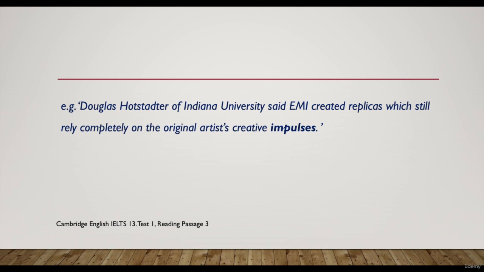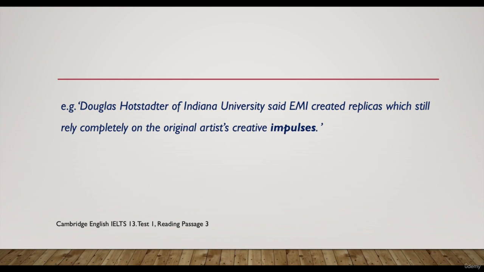And the final passage example. Douglas Hofstadter of Indiana University said EMI created replicas which still rely completely on the original artist's creative impulses. We've actually talked about this sentence before, and we said that this man said that this computer program created copies. And these copies of music are still based largely on the original artist's creative impulses.